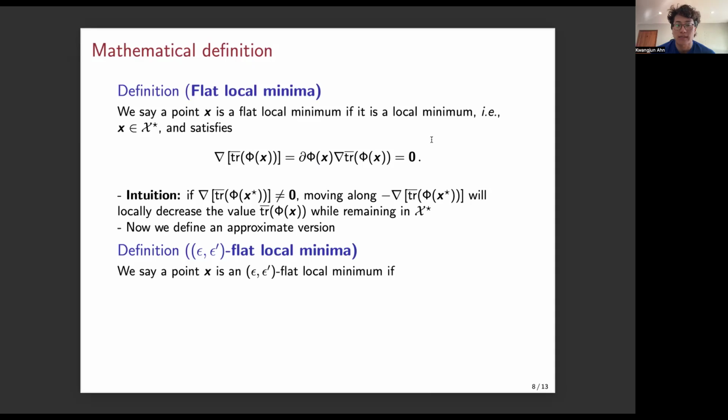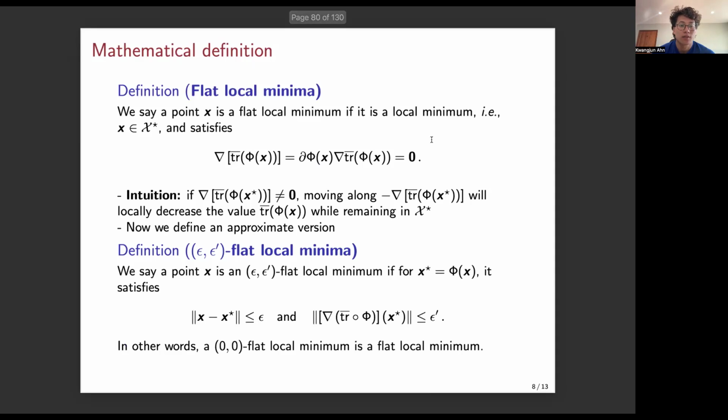We say a point x is an (epsilon, epsilon prime) flat local minimum if x star, which is the nearest local minimum of x, satisfies that x stays close to its nearest local minimum x star, and also the gradient that we just discussed is not too large, so bounded by epsilon prime. In other words, a (0, 0) approximate flat local minimum is a flat local minimum.